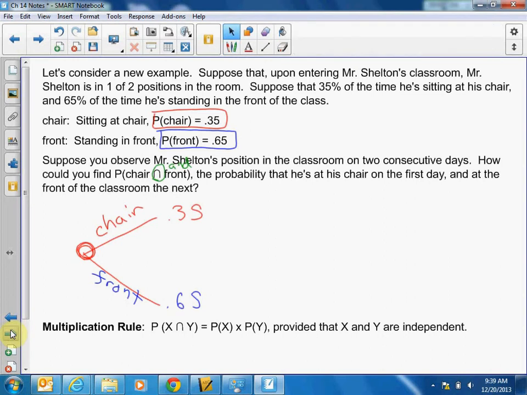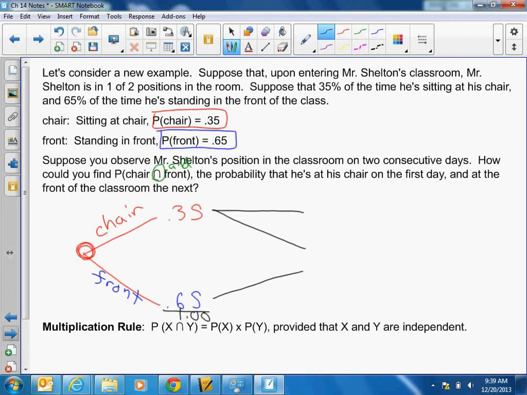Okay, so simple enough. In this column, if you added those 2 probabilities, you get 1. So we covered the sample space. All the outcomes for this first trial of you entering the classroom and observing where Mr. Shelton is have been covered. Well, that's the first day covered. We want the second day as well. On the second day, one of 2 things happens for each of those first outcomes that has already transpired.